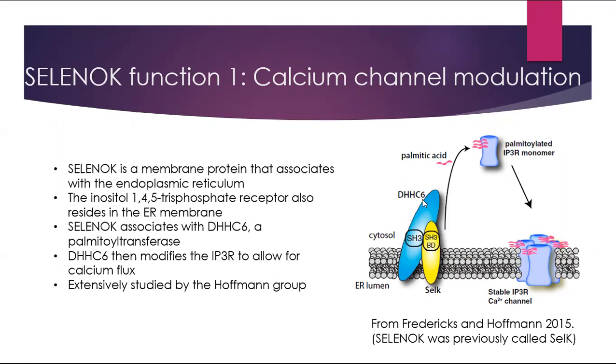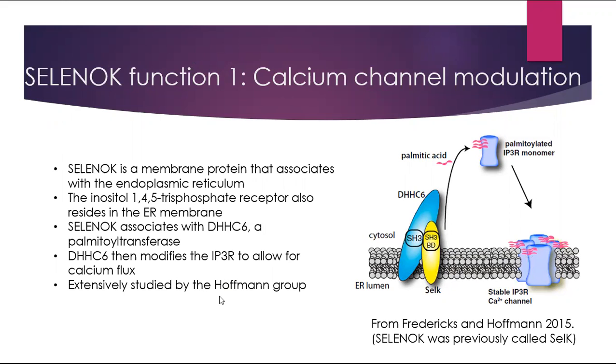Now, this is what's called a palmitoyl transferase, and it slaps on a palmitoyl group by taking palmitic acid and puts it onto the calcium channel receptor right here. This opens the receptor and lets seleno K in turn modulate calcium flux together with DHHC6. This is very important for immune system control and actually the growth and inhibition of several cancers.